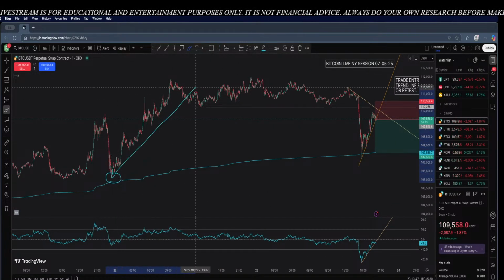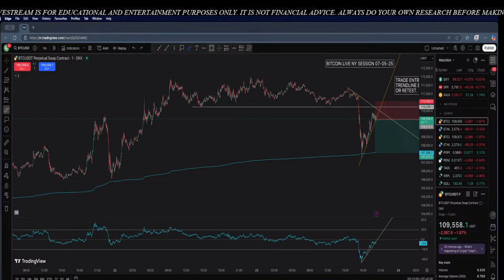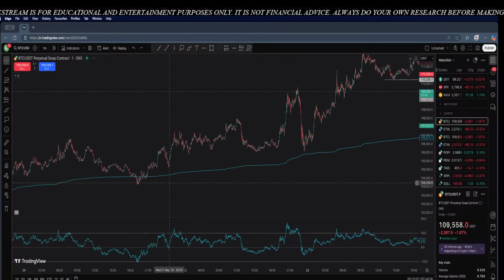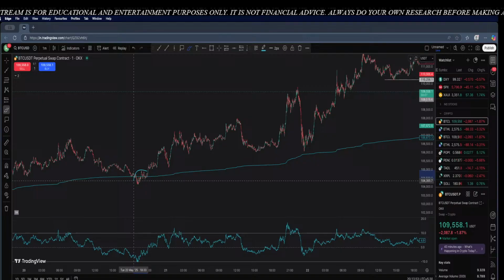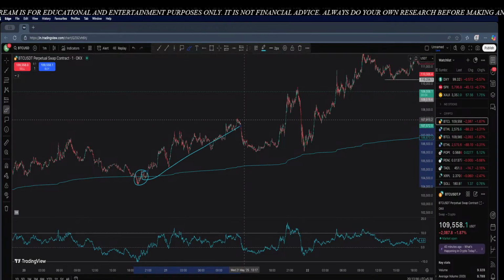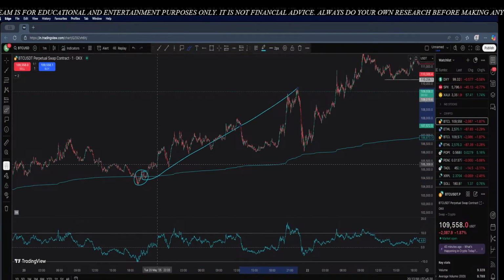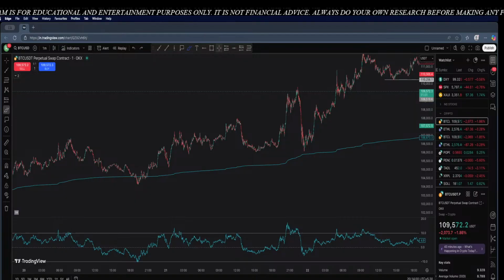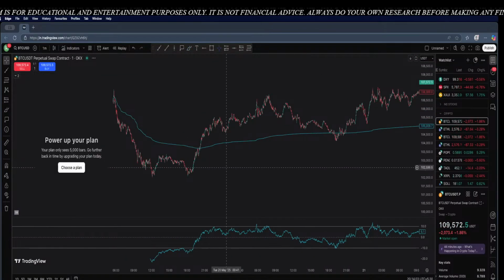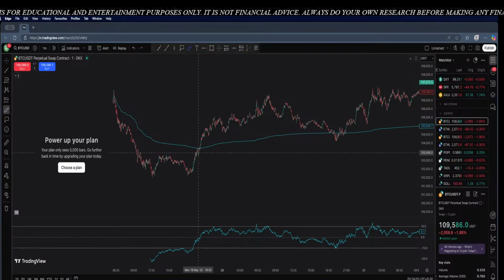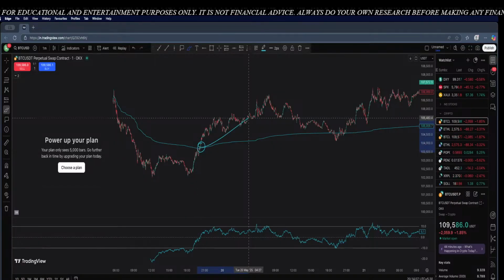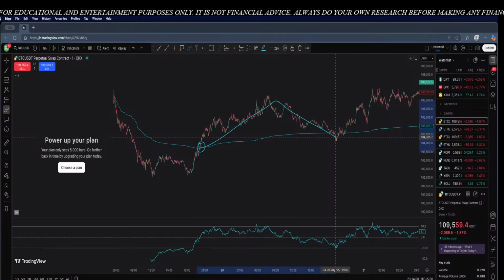We took support. We had a pretty cool rally, right? Same thing right here as well. Beautiful support and rally, huge rally. So usually that happens about 3 to 4 times. Same thing here. We broke out of it, and then boom, retested, boom.